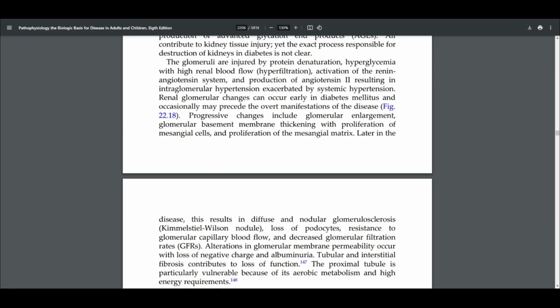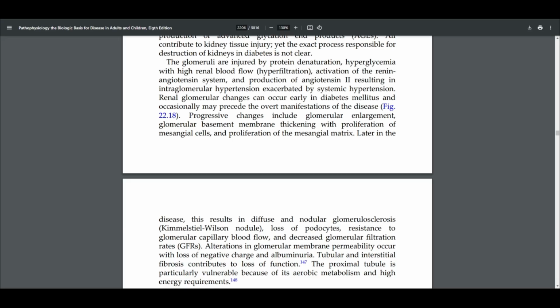Renal glomerular changes can occur early in diabetes mellitus and occasionally may precede the overt manifestations of the disease. Progressive changes include glomerular enlargement, glomerular basement membrane thickening with proliferation of mesangial cells, and proliferation of the mesangial matrix.